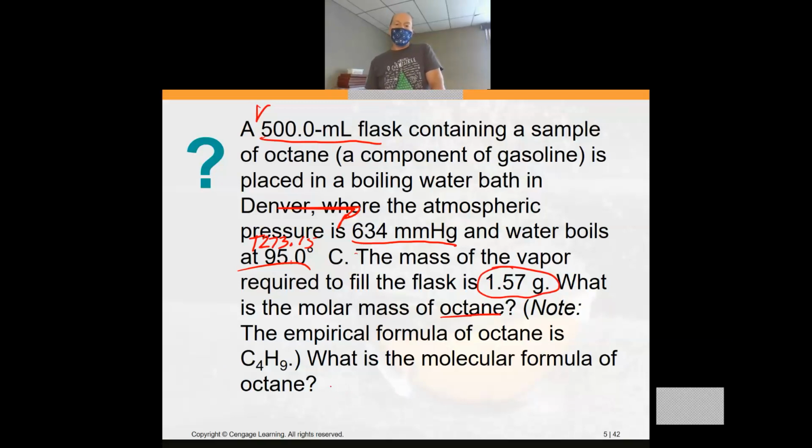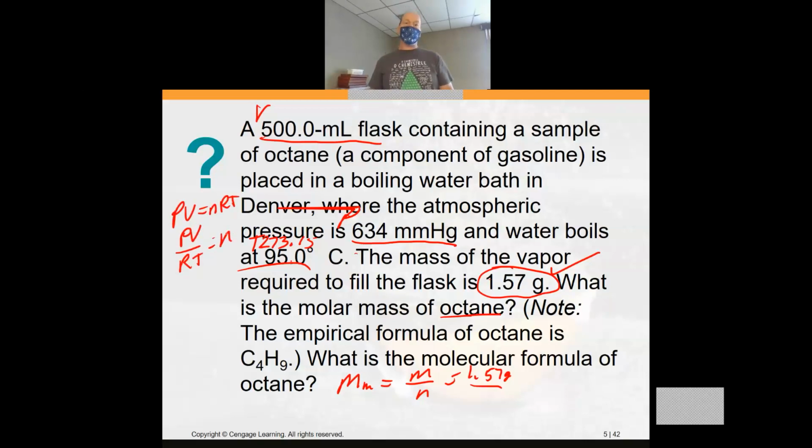All right, so when we want to find molar mass, what do we need? We need the mass over the moles. They gave us the mass, 1.57 grams. Now all we need is the moles. Using PV equals nRT, all we need is PV divided by RT.